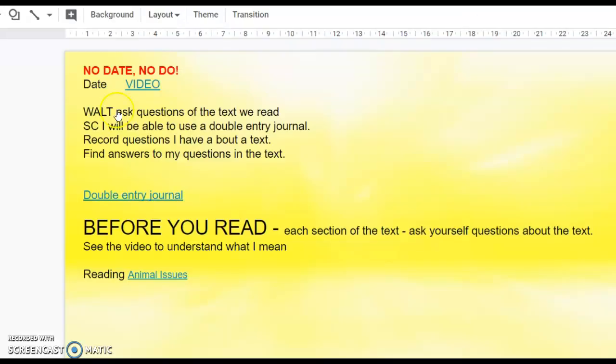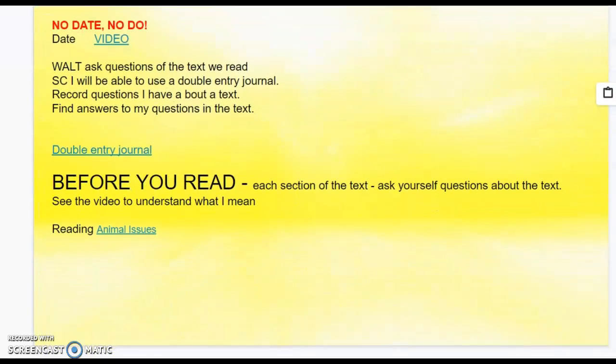The reason we do this is, like the other questions you've been asking of text, it helps you to develop a deeper understanding of the text. You're thinking about the text before you read, you're specifically looking for those answers, and that gives you a deeper understanding.